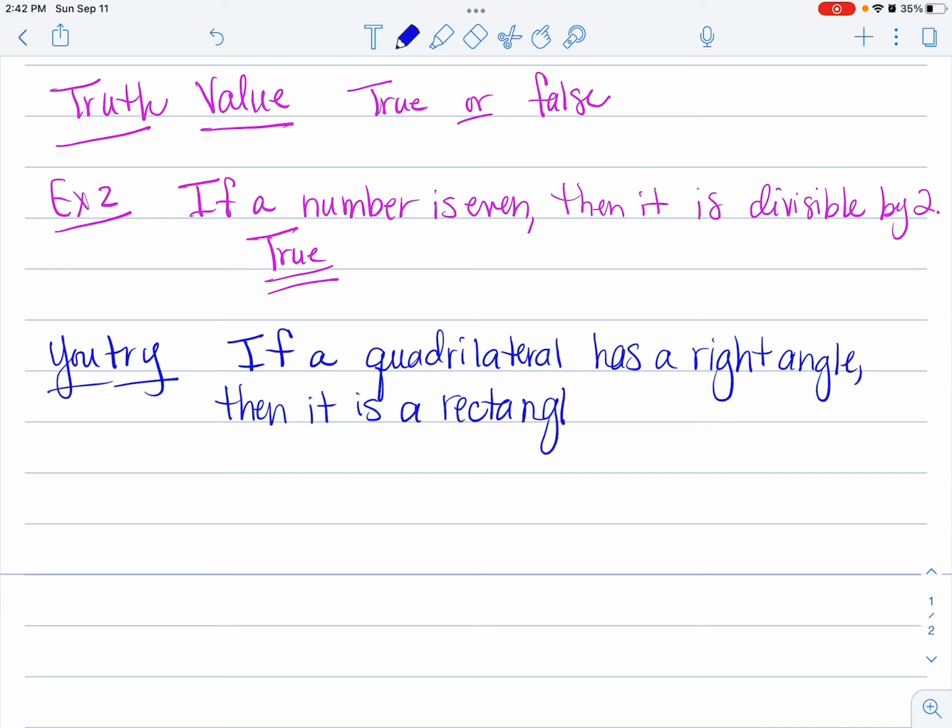Okay, so again, what you're doing is you're telling me the truth value of that statement. And if it happens to be false, I want you to find a counterexample. We talked about that last week.